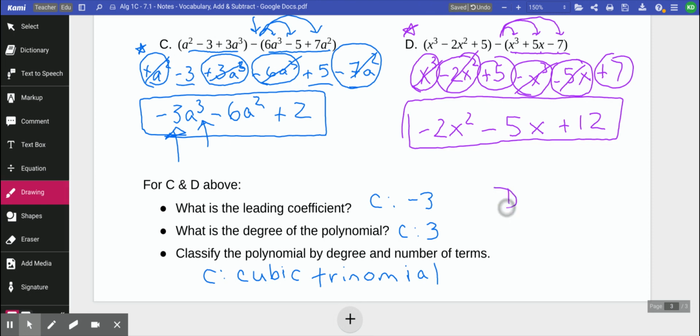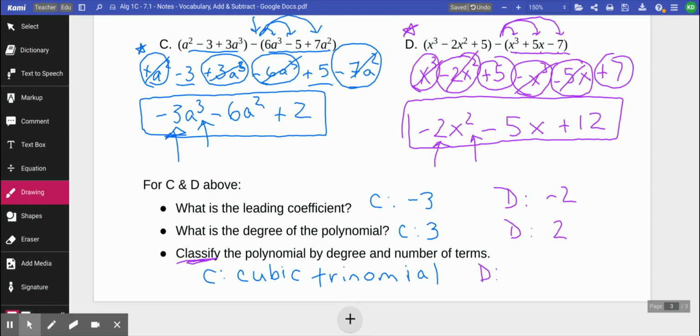For D, our leading coefficient is negative 2. The degree of this polynomial is 2. Okay, so then when we classify, right? If it just asks us what the degree is, we can put the number. When it asks us to classify, we need to use the fancy word.